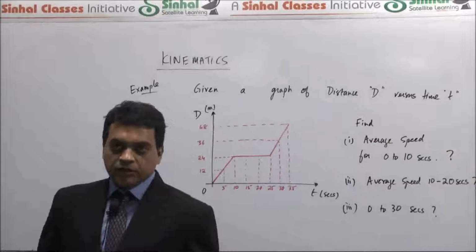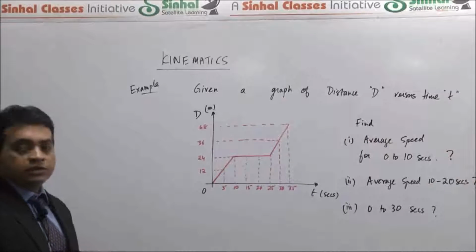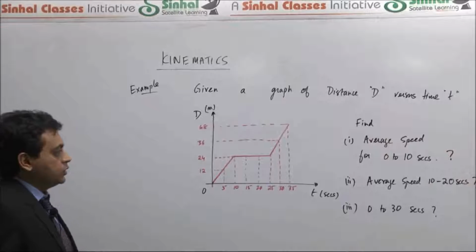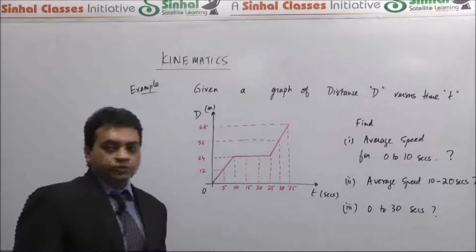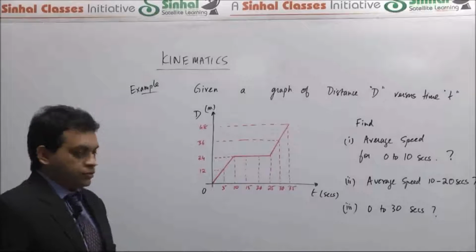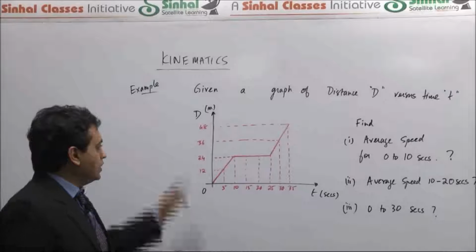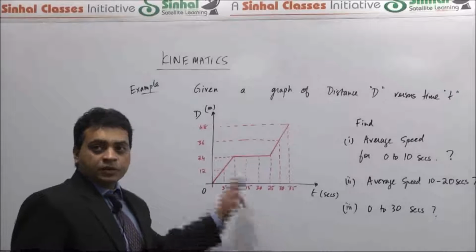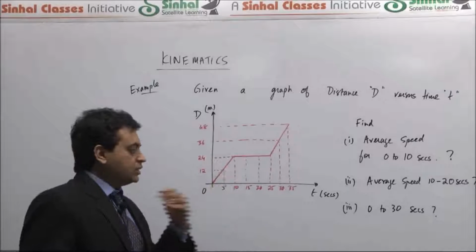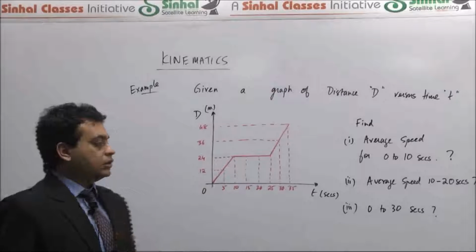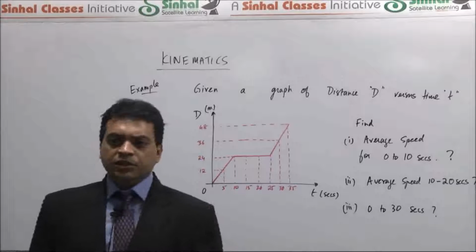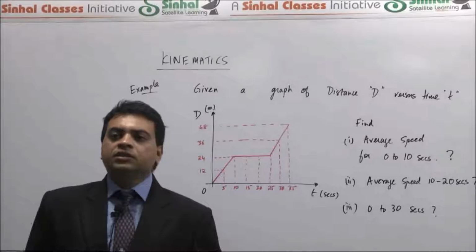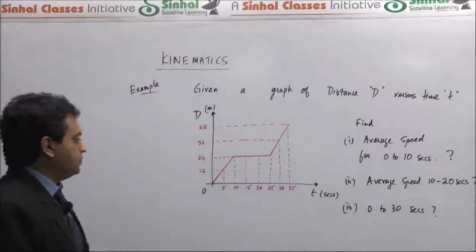So let's take a moment to understand the question here. As you can see, we are talking about the average speed in a certain interval of time, and to find that out, we have what is basically a graphical representation of distance with respect to time. So using that visual representation, we will find out average speed using the definition. That average speed is the total distance traveled in a certain interval of time divided by the interval of time. Okay.